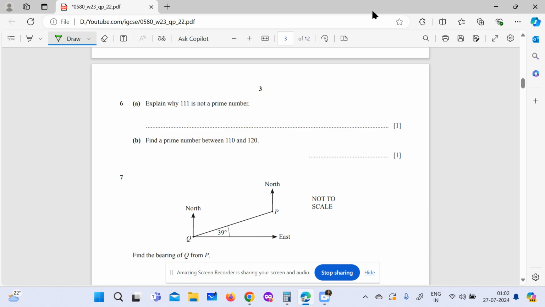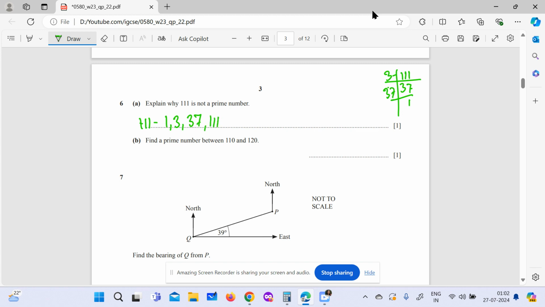What we can do is just the prime factorization of 111. So 3 times 3 is 9, 3 times 7 is 21, and then 37. So you see that the factors of 111 are 1, 3, 37, and the number itself, 111.